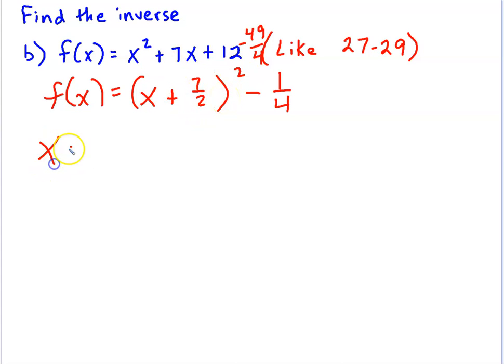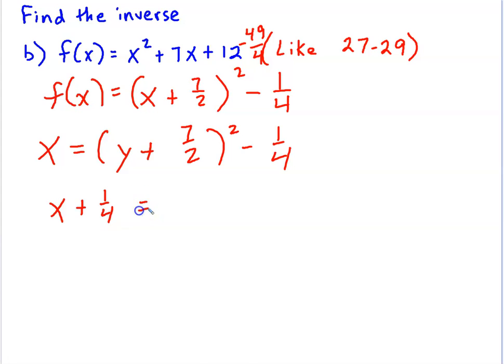Okay, switch places with x and y. And solve for y. So kind of repetitive. I'm going to add 1/4 first. I'm going to do the square root of both sides second. Don't forget plus minus.